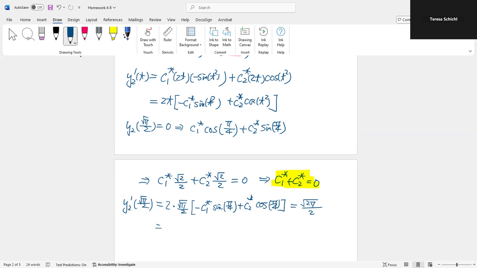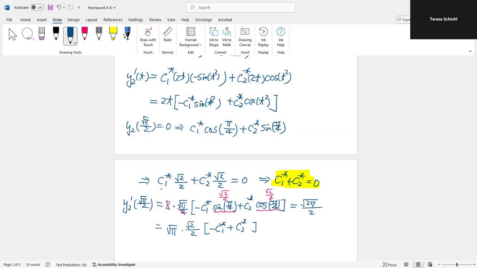Here I can first cancel this 2 and this 2, which is pretty cool. So this one will be square root of pi. Then inside, sine pi over 4 and cosine pi over 4 are both square root of 2 over 2, so I can factor that out. Inside I just have negative C1 star plus C2 star.